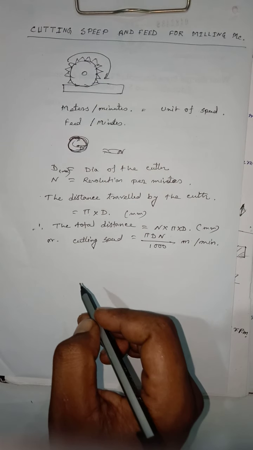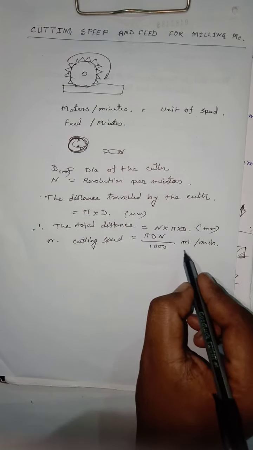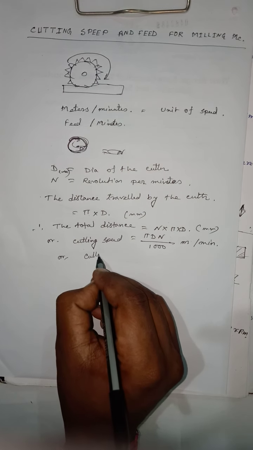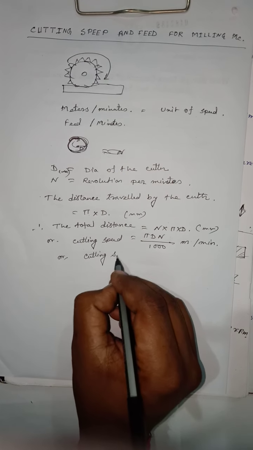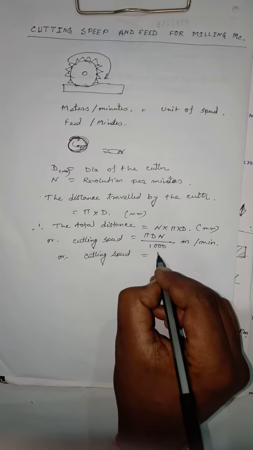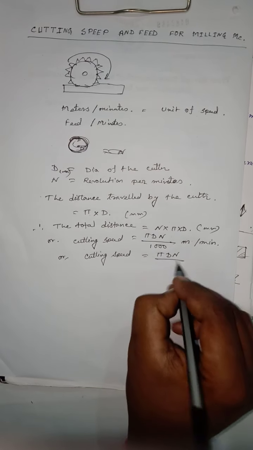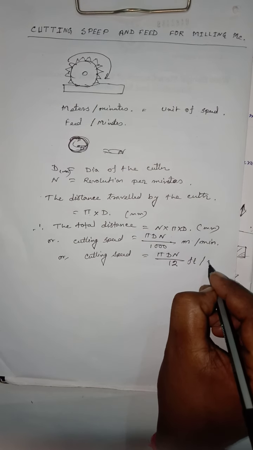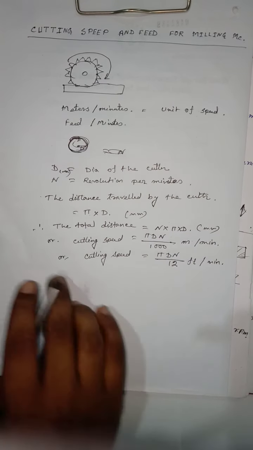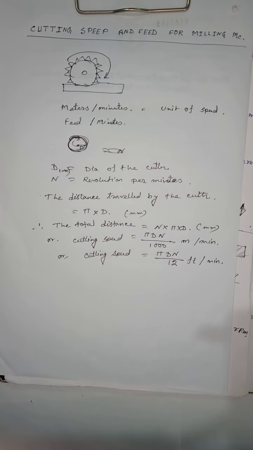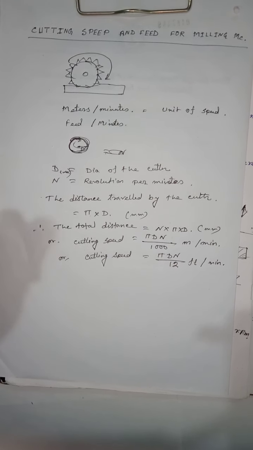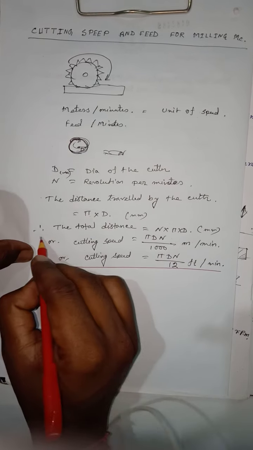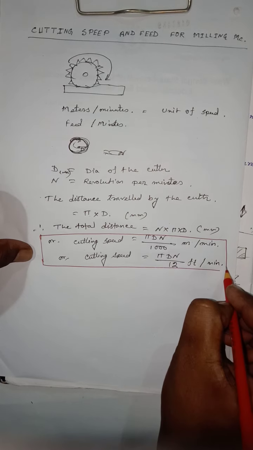Or the cutting speed is equal to pi D N by 12 feet per minute. This is my cutting speed equation for a milling machine.